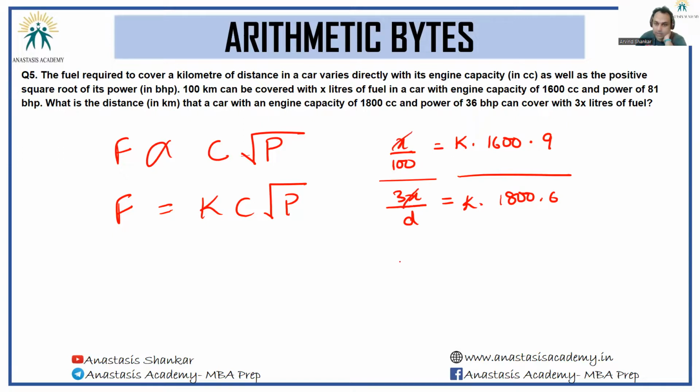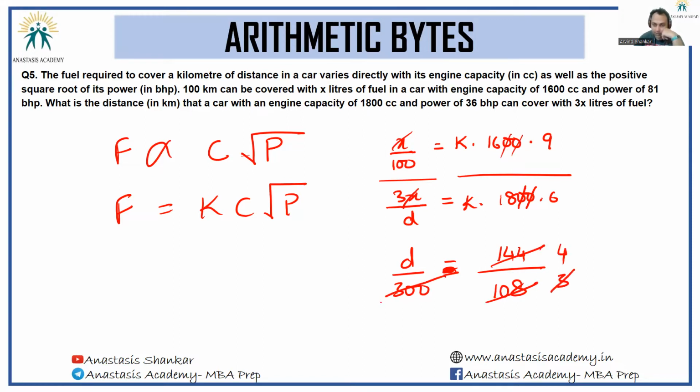X and X gone. I'm left with D by 300 is equal to 144 by 108. The zeros will get cancelled. This I know to be 4 by 3. So the distance that can be traversed is 400 kilometers, which will be the answer to this question. That will be all for this episode. Hopefully you learned something.